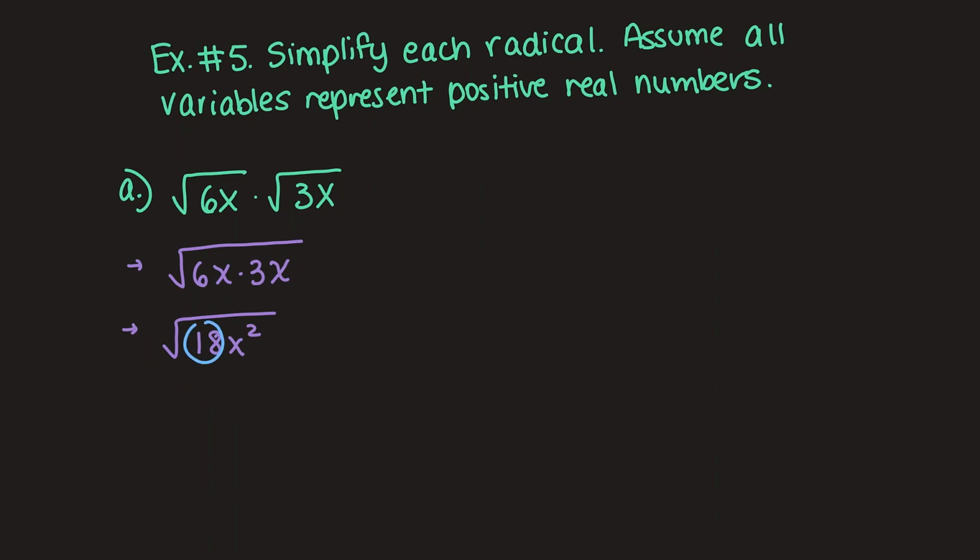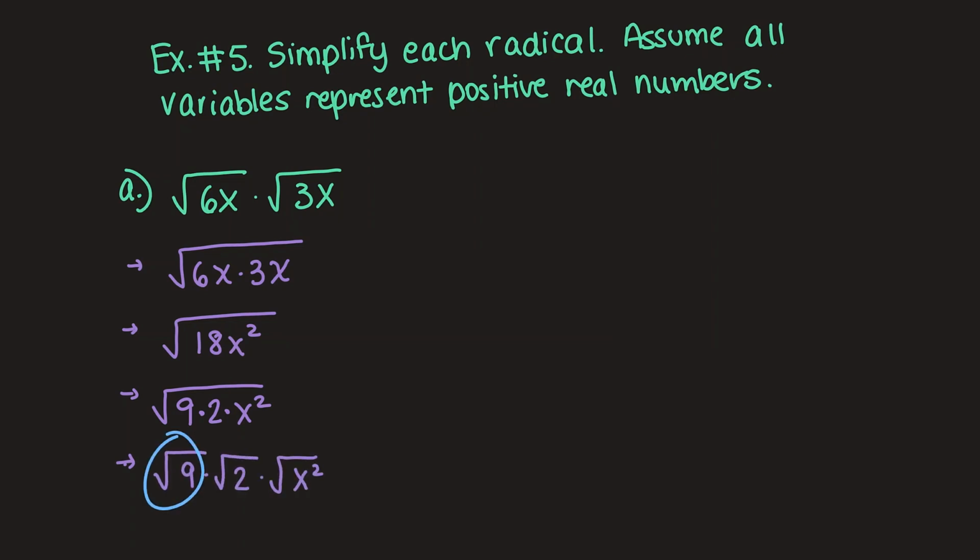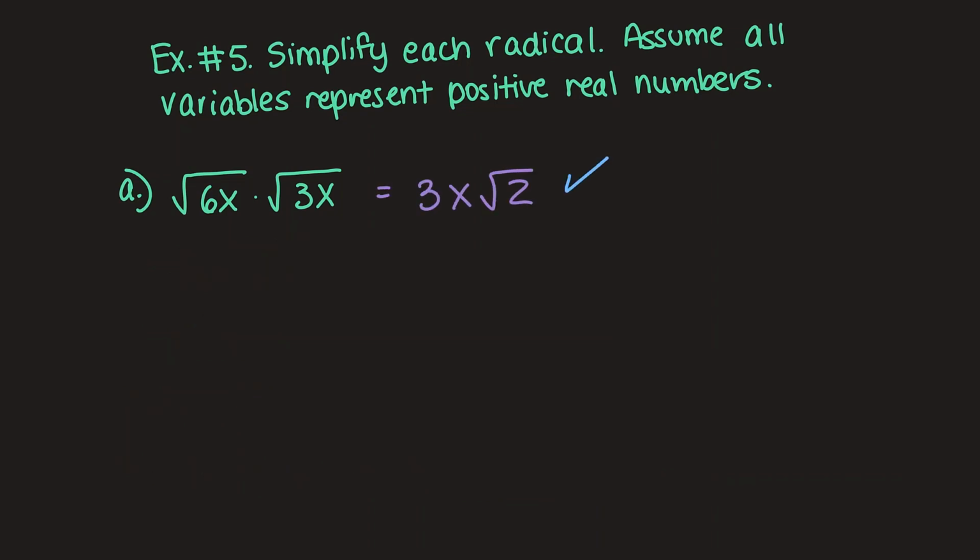We can rewrite 18 as 9 times 2, and x squared already has an even exponent, so we can leave it the way it is. So this becomes the square root of 9 times 2 times x squared. And then use our product rule and then simplify. So the square root of 9 is 3. The square root of 2 is already simplified. And then the square root of x squared is x. And then rewrite this so that our non-radicals are written first. So our expression simplifies to 3x times the square root of 2.